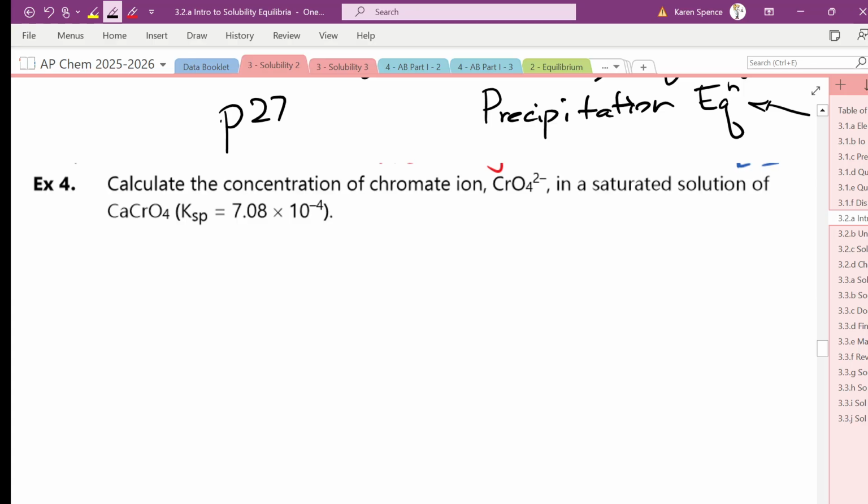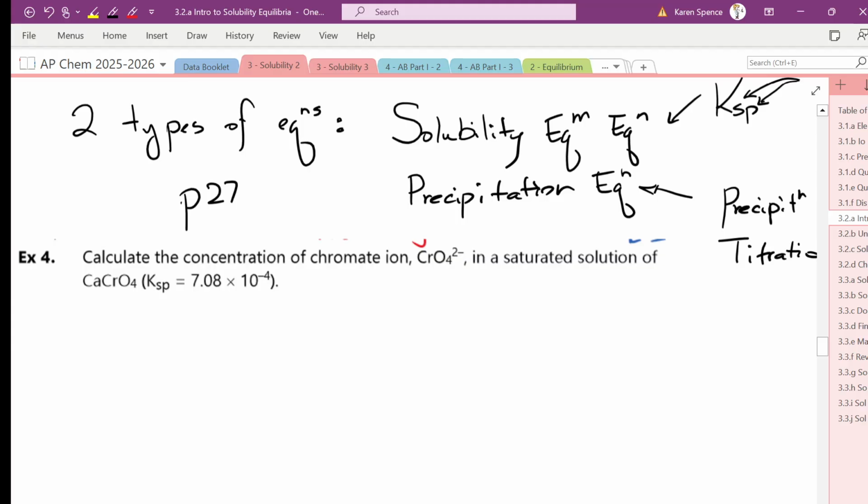Alrighty. So calculate the concentration of the chromate ion in a saturated solution of CaCrO4.